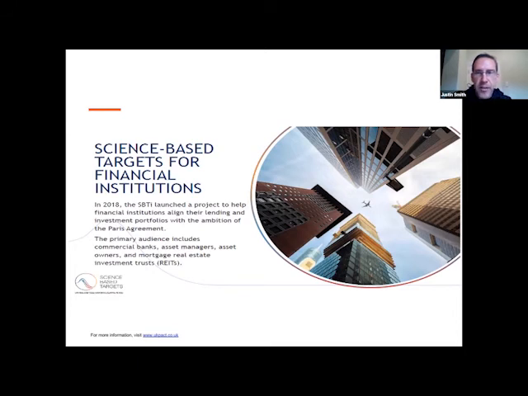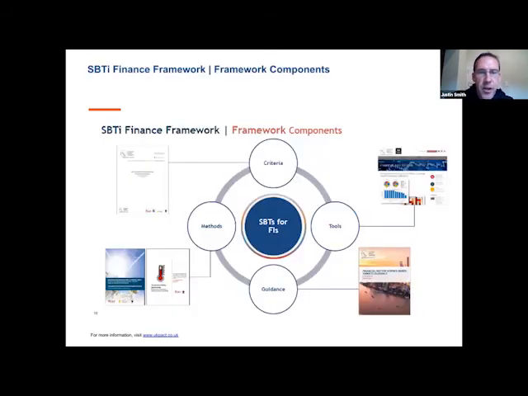So about 30 or 40 pilot financial institutions across commercial banks, asset managers and owners, mortgage, real estate, investment trusts, etc., participated in a pilot process over about 18 months to work and test what the best options would be in terms of the financial institution space. So there are a lot more resources available to have a look at if you are interested in taking this forward in terms of the criteria, the tools, the guidance, documentation, and the different suggested methods for the finance sector to look at integrating this going forward.